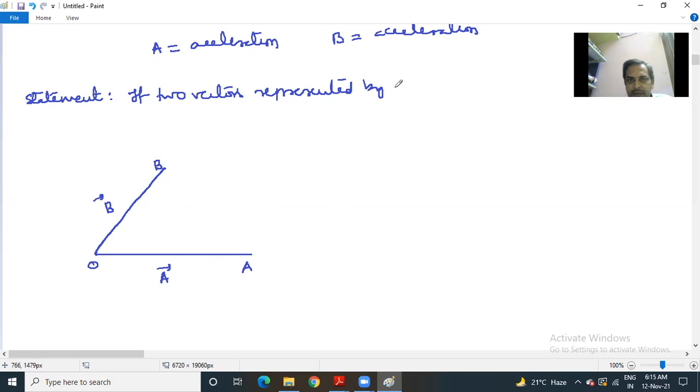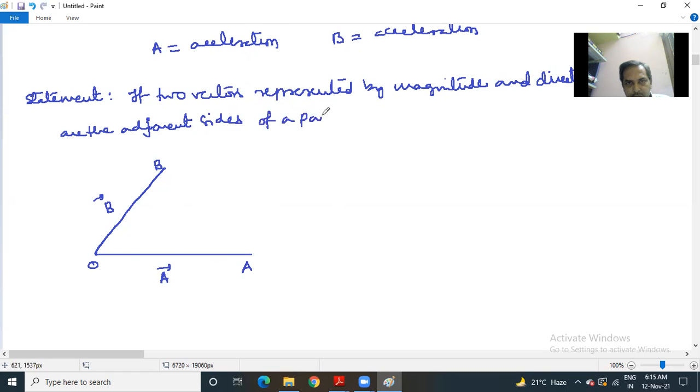So two vectors are represented by magnitude and direction, and these are the adjacent sides of a parallelogram acting at the same point.